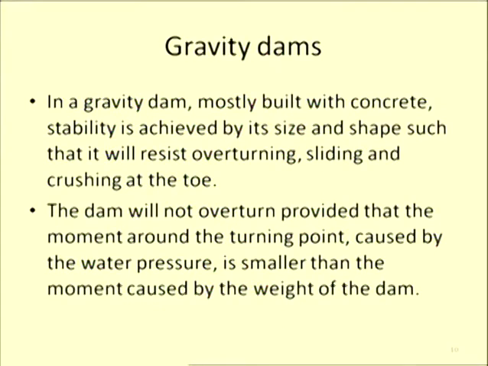That is a gravity dam: we need to increase the size to make it stable, so that the gravitational force, the force because of the weight mg, where g is the gravitational acceleration, holds it. The mass of the dam times gravitational acceleration gives the total weight, and that weight is the force acting downward, making the dam stable.